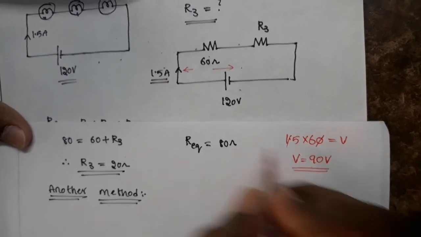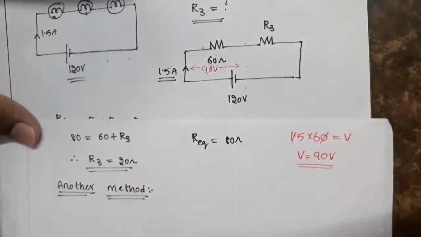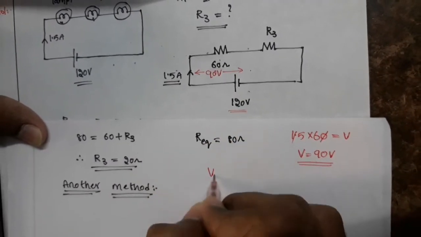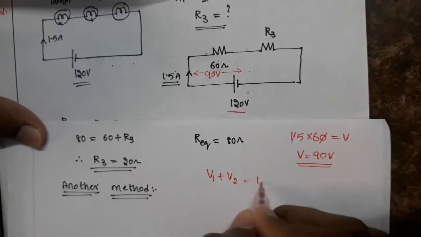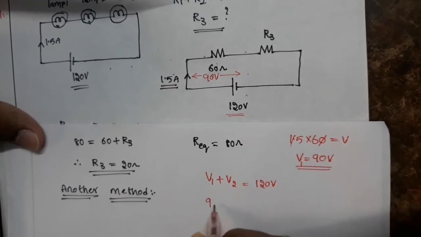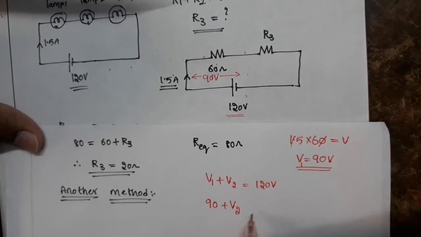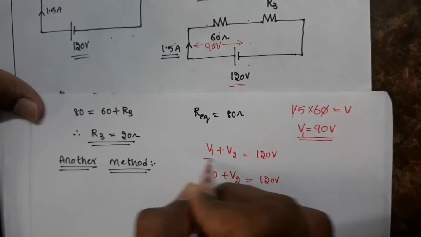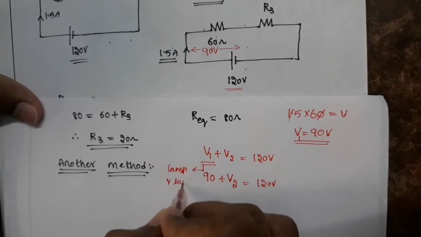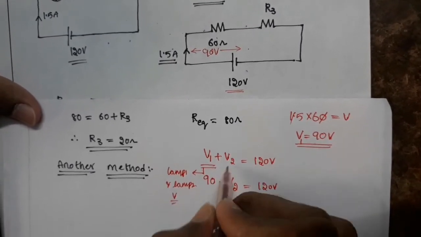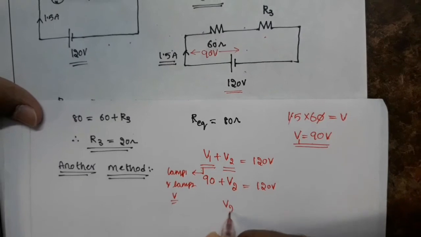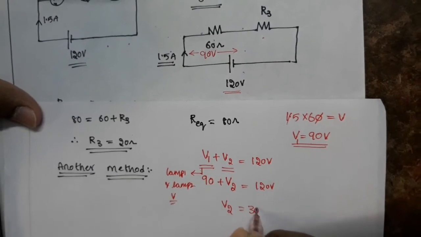Therefore the voltage is 90 volts across lamp 1 and lamp 2. So V1 plus V2 equal to 120 volts, where V1 equal to 90 volts. 90 plus V2 equal to 120, where V1 is the voltage across lamp 1 and lamp 2, and V2 is the voltage across lamp 3. Therefore from this we get V2 equal to 30 volts.